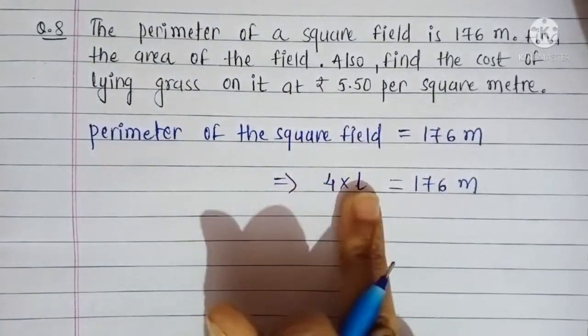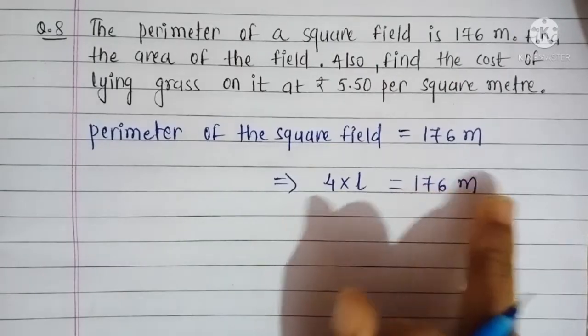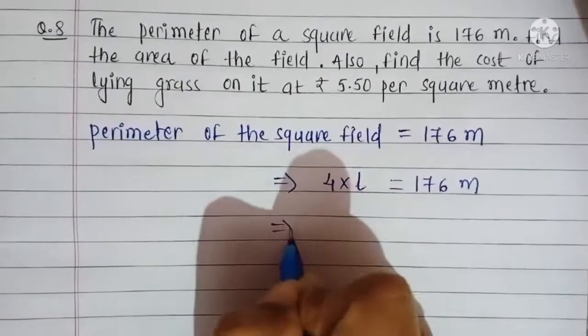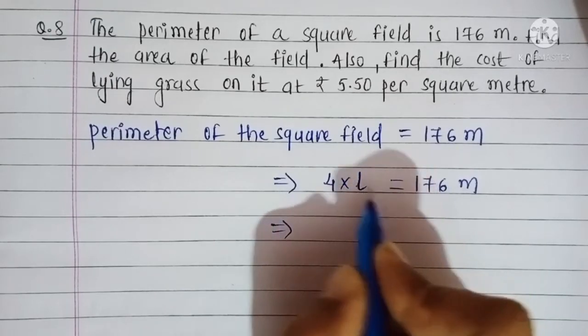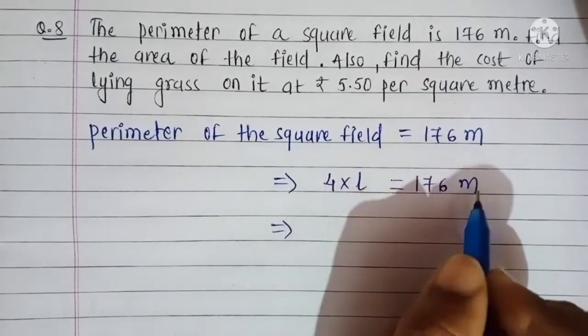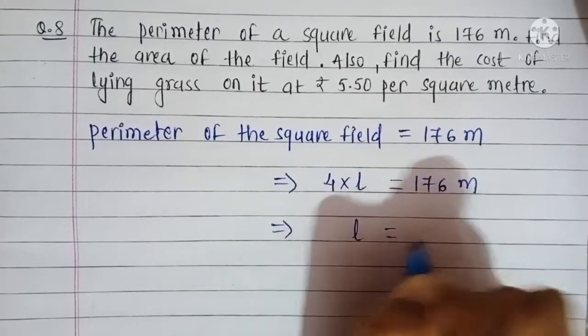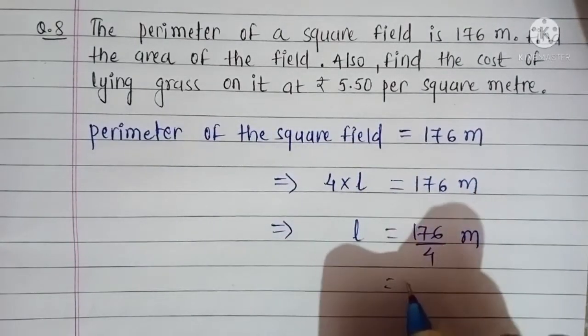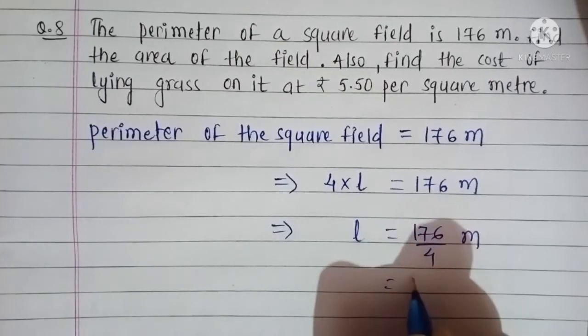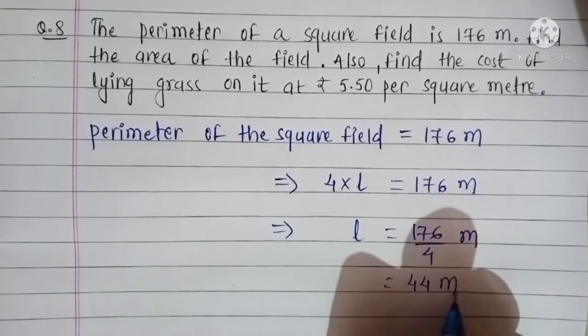So 4L is equal to 176 meter. Here we want to find length. That's why we shift this 4 to the right hand side and we get L is equal to 176 upon 4 meter. On dividing, we get length 44 meter.